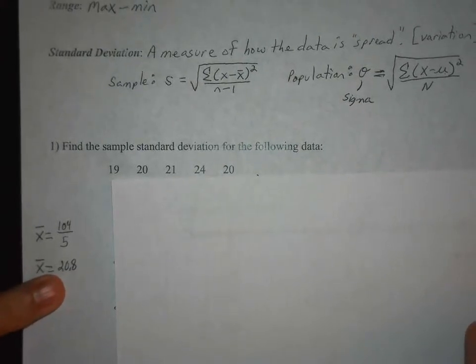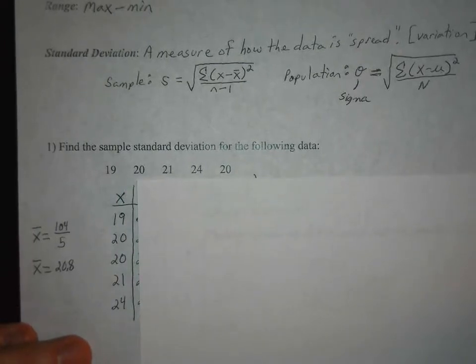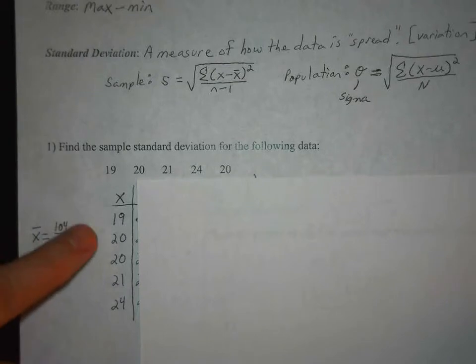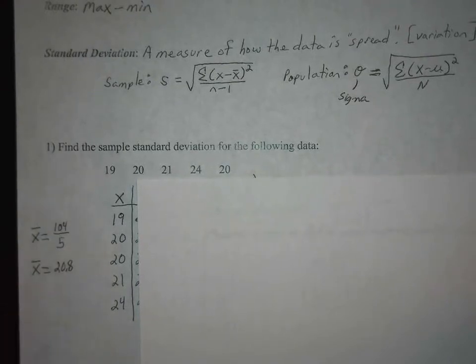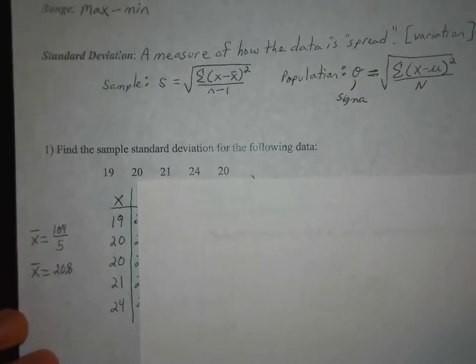So what we do by hand is we make a little table. The first column are your x values, your data values. And notice I put them in order from smallest to largest. You do not have to do that. I just do that because if a value shows up more than once, that row is going to be the same across.